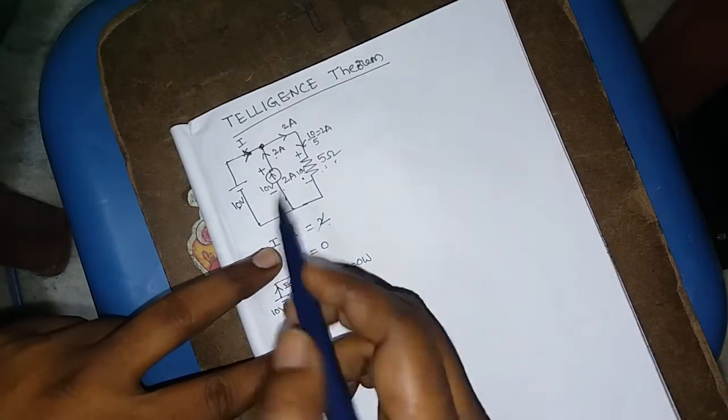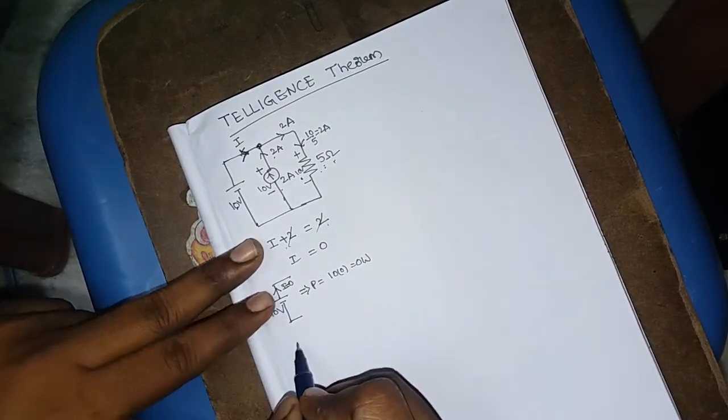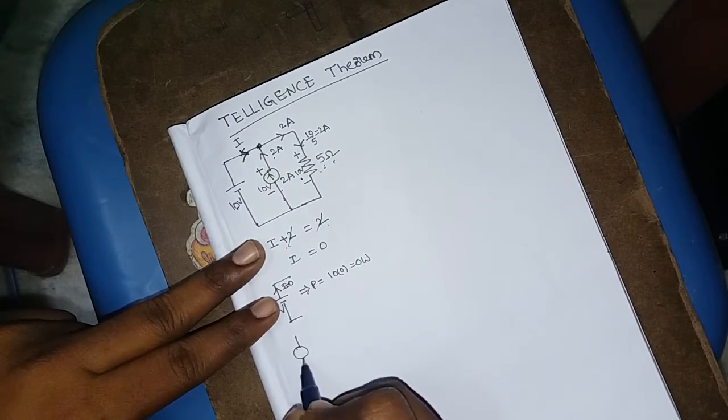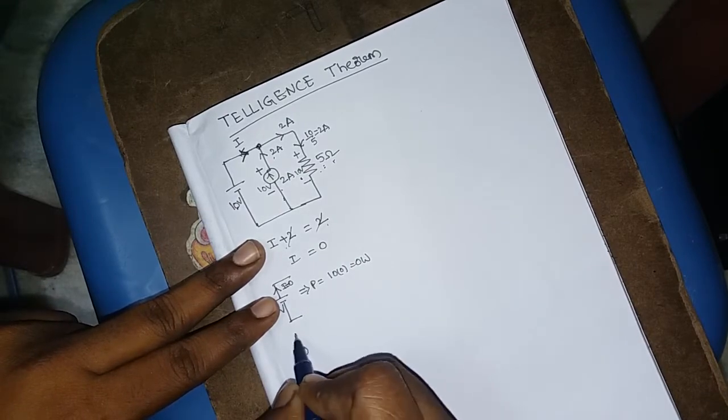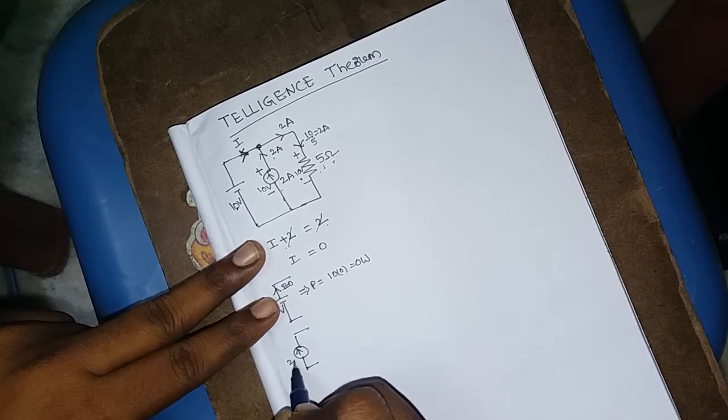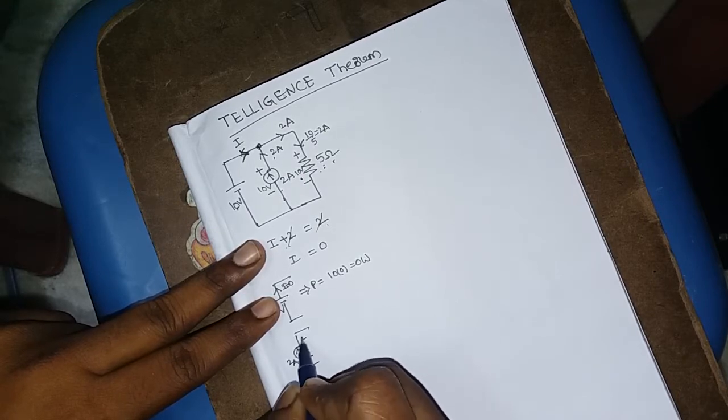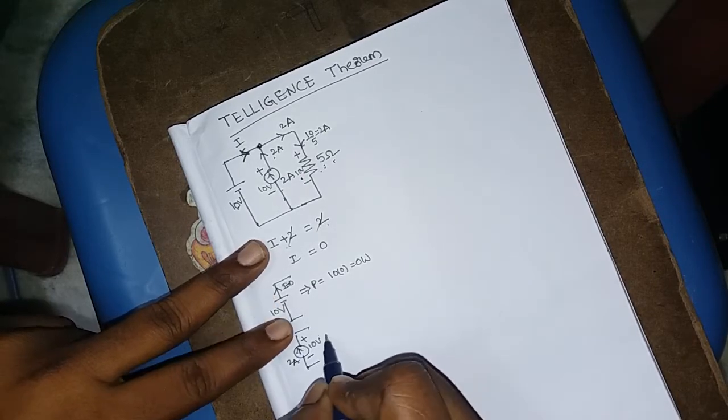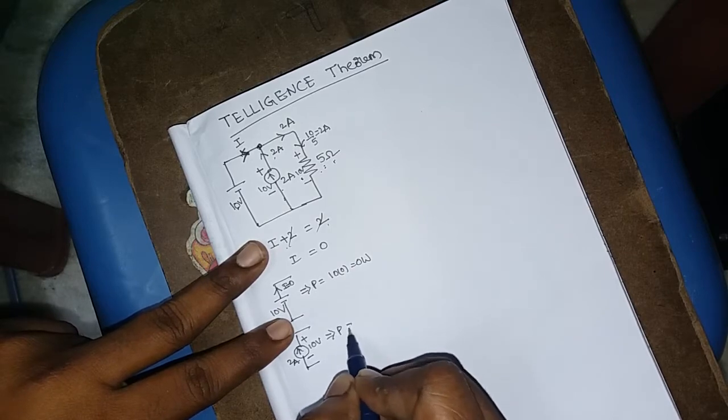Okay. Now let us consider the current source. The current source is there like this, 2 amps, with minus plus 10 volts. Now how much power is delivered by the current source?